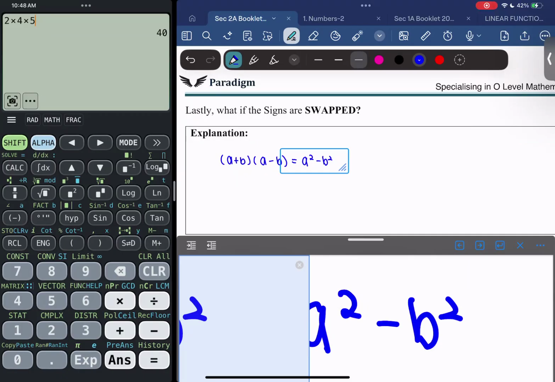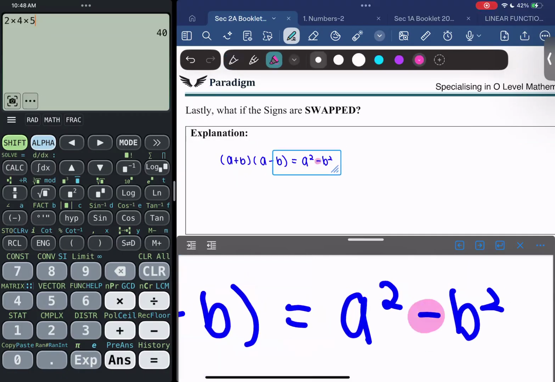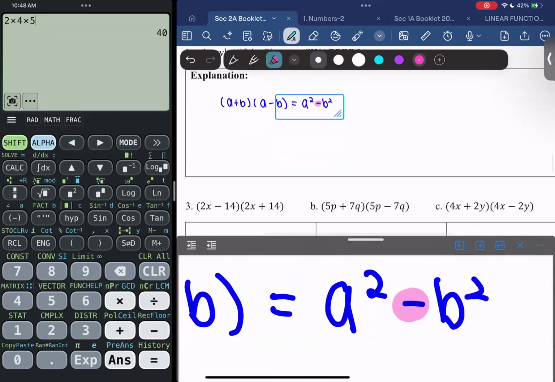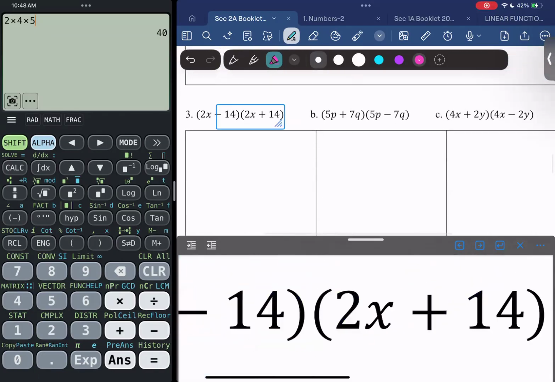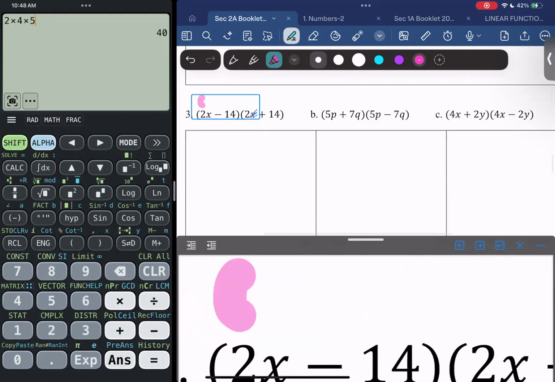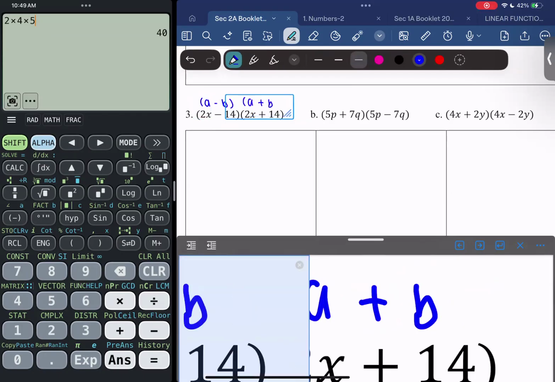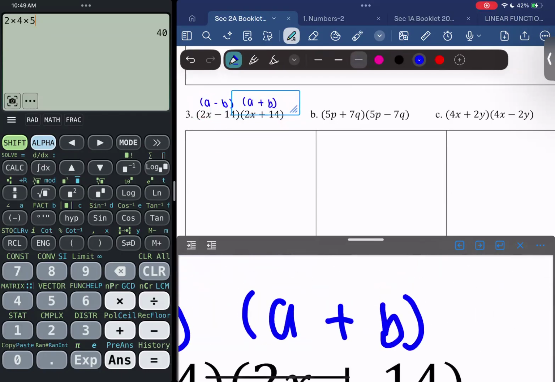If you forgot whether it is a negative, you can always expand and see what you get. This is a negative. Same thing here. Do you see that this is a minus b, a plus b? It's the same thing.